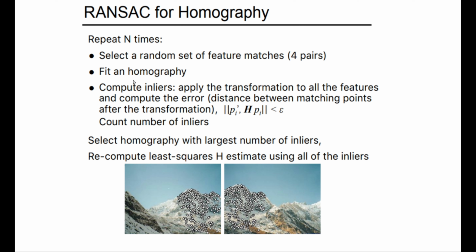Then fit a homography, then compute inliers: apply the transformation to all the features and compute the error. And error here means the distance between matching points and the transformation. Then count the number of inliers. Then finally select the homography with the largest number of inliers. Recompute the least squares H estimate using all of the inliers. That's kind of in a nutshell how RANSAC works.